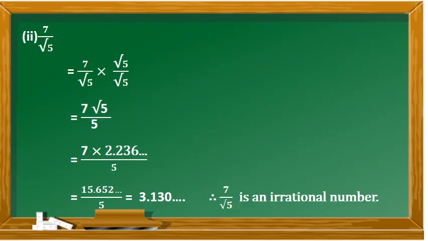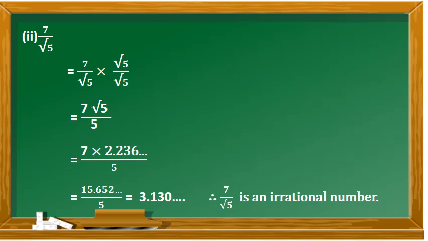The second subdivision is 7 by square root of 5. Now you can see the denominator is an irrational number. When you get the denominator as an irrational number, you have to rationalize the denominator. So what we have to do is multiply the numerator and the denominator by root 5.